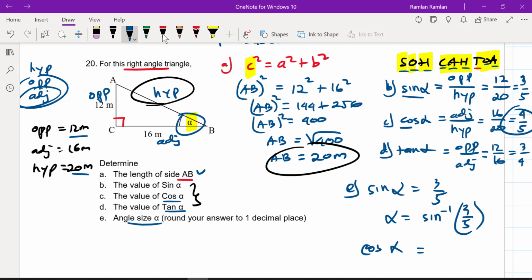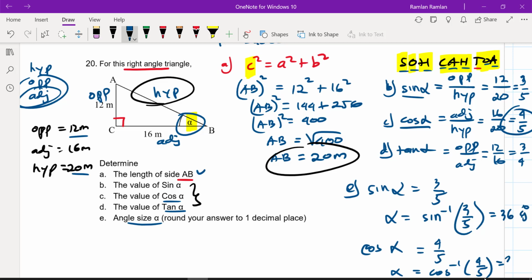Because the cosine value of that angle is 4 over 5. So if cosine alpha is 4 over 5, then alpha will be equal to cosine inverse of 4 over 5. And actually, if you put this into the calculator, you will get the exact same value, right? So I'm going to write down here 3 over 5. That will be 36.86, or I'm just going to round it off. Yeah, I'm going to write out 36.86.